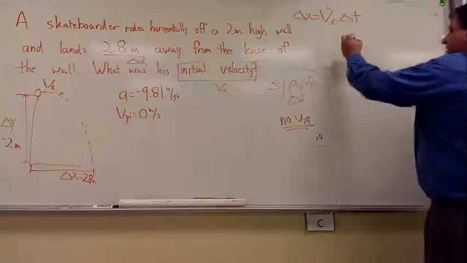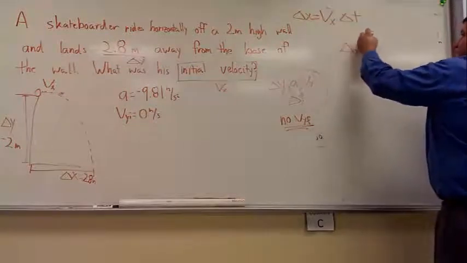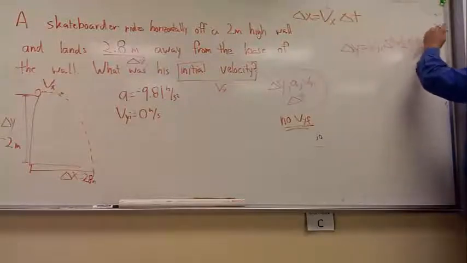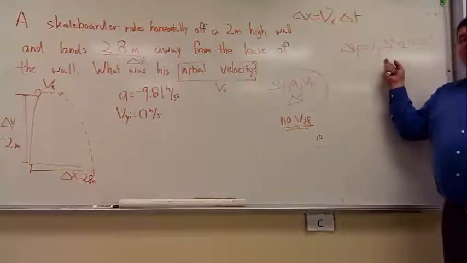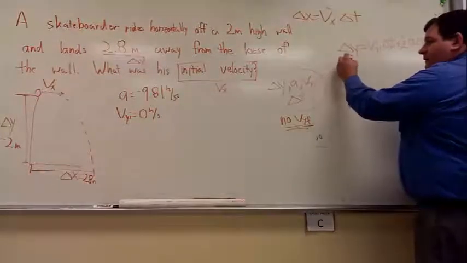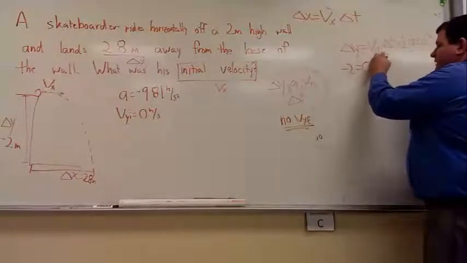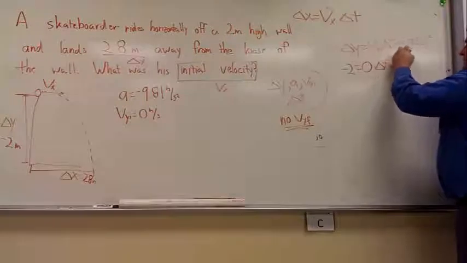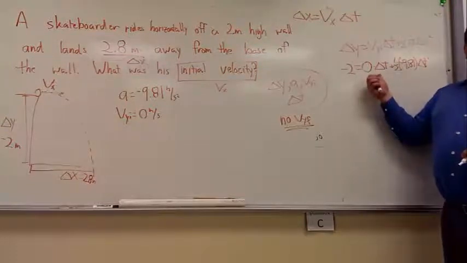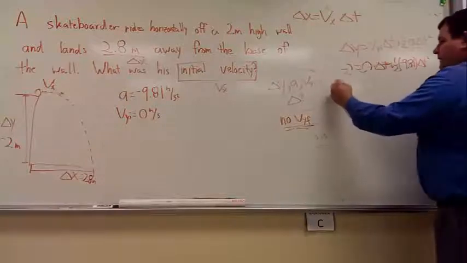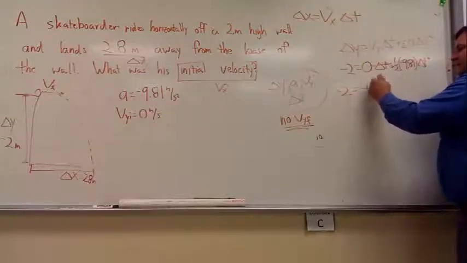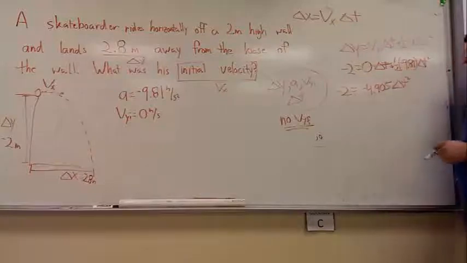When I look up the equations, I see that delta y equals Vyi delta t plus 1/2 a delta t squared is my kinematic equation without Vyf. Now I just need to plug in my numbers. Negative 2 equals 0 times delta t plus 1/2 times negative 9.81 delta t squared. 0 times delta t is just 0, so I can get rid of this one. Negative 2 equals 1/2 times negative 9.81, negative 4.905, delta t squared.